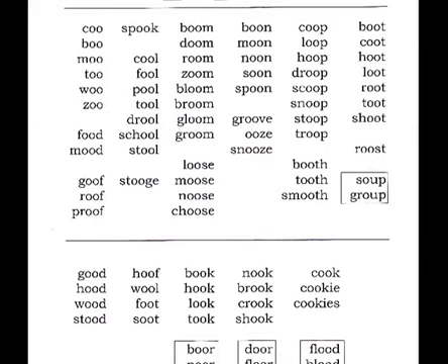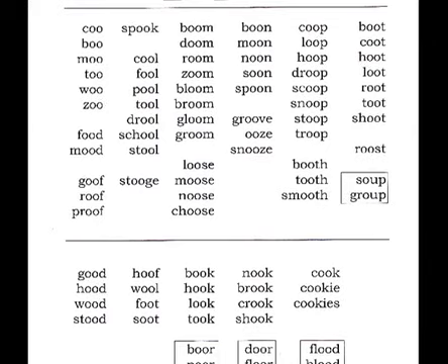And the words in those two spelling families are quite common, as boom, doom, bloom, groom, snooze, troop, coot, shoot. And in the other family, you've got book, hook, look, took, nook, crook, shook.